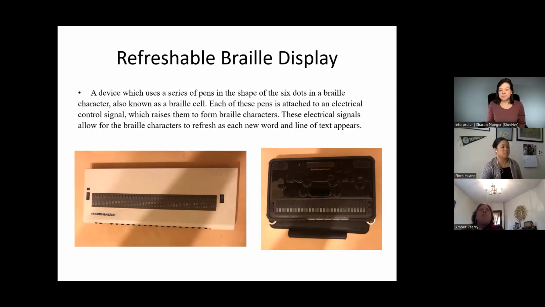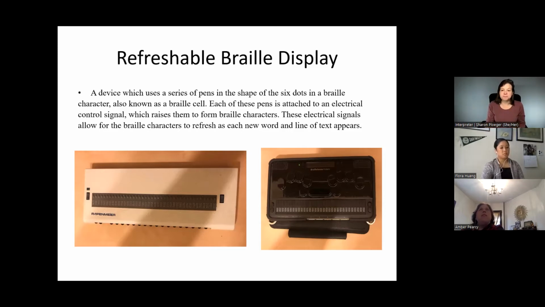And each of these pins is attached to an electrical control signal, which raises each dot to form a Braille character. These signals allow for the Braille characters to refresh as each new word and each new line of text appears.